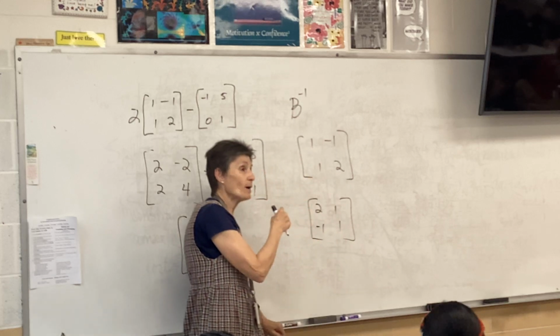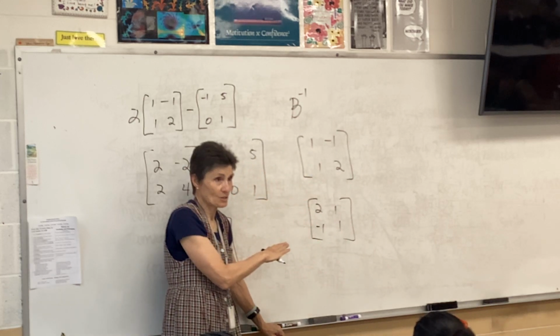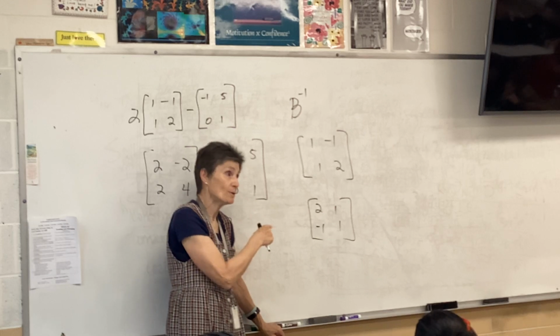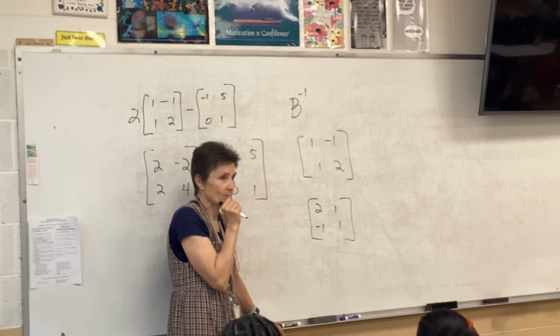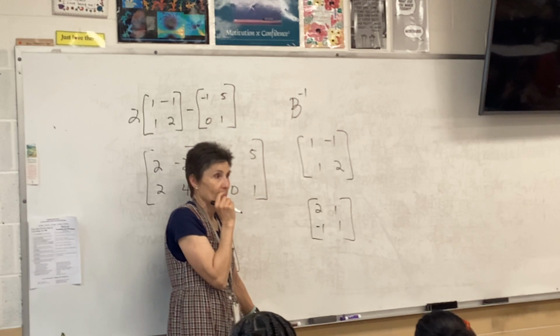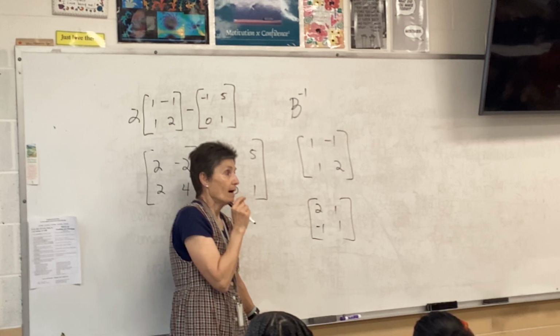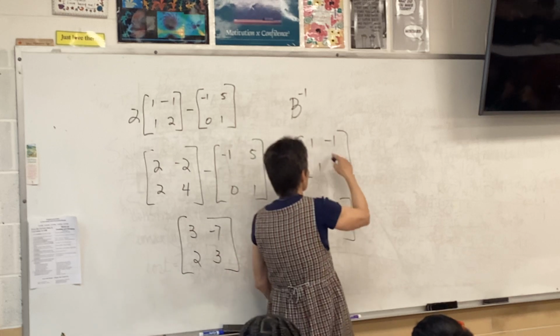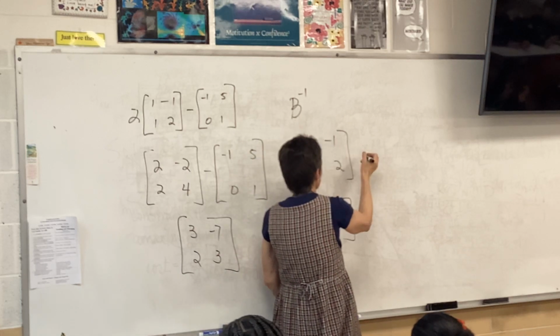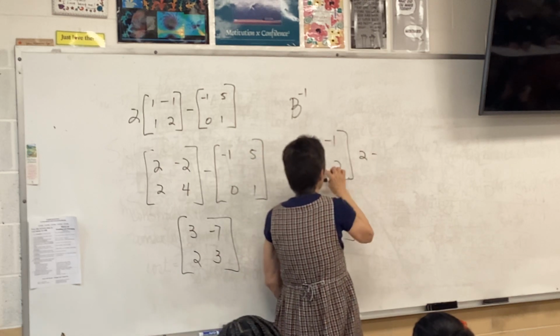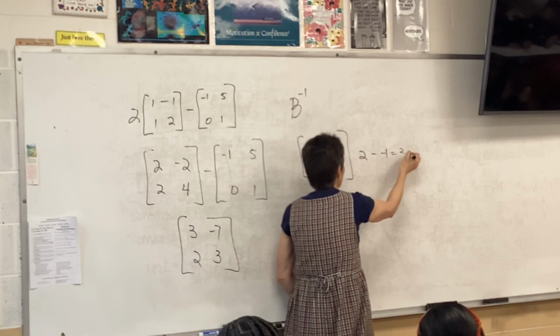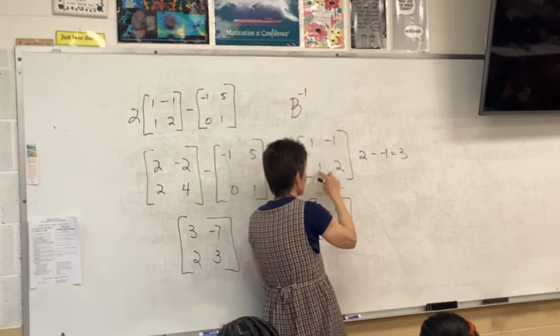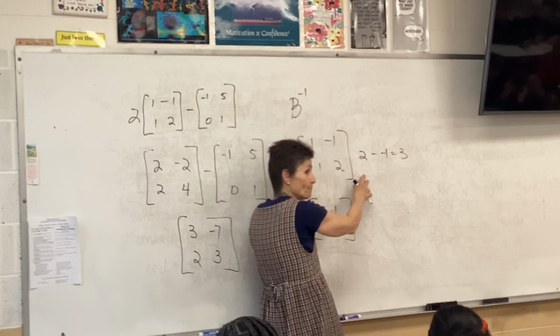Now, that right there is not the final answer. That's a piece of it. You have to do that. But what's the other piece? You can't forget this. I gotta find the determinant. So the determinant here is going to be 2 minus negative 1. I got 3. You okay with that?